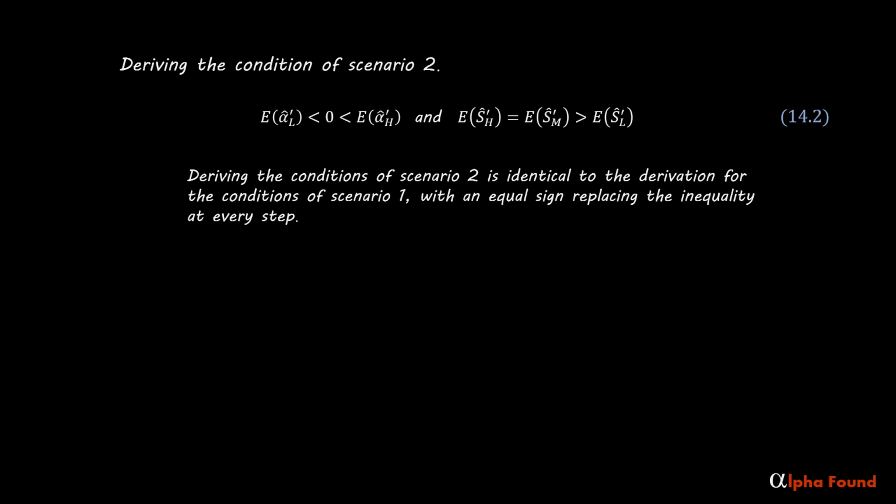Let's look at Scenario 2. Conveniently, deriving the conditions of Scenario 2 is identical to the derivation for the conditions of Scenario 1, with an equal sign replacing the inequality at every step, resulting in this equation.